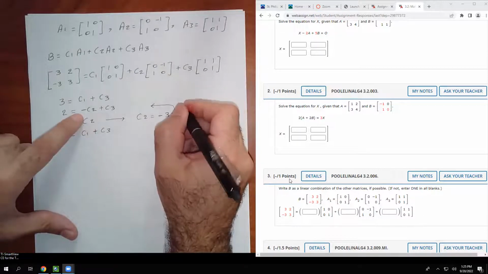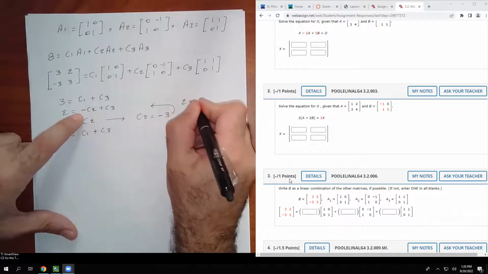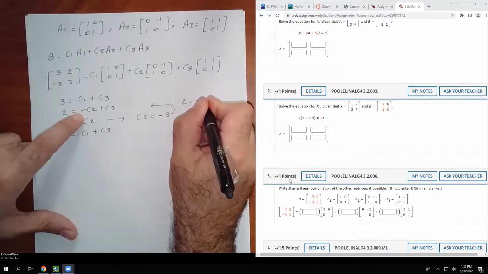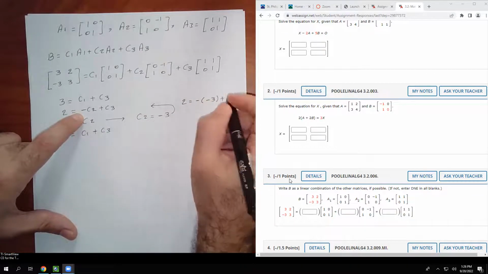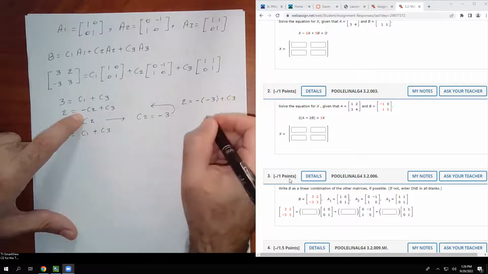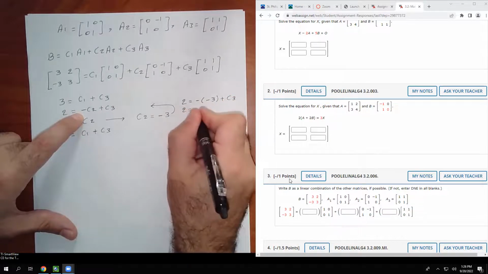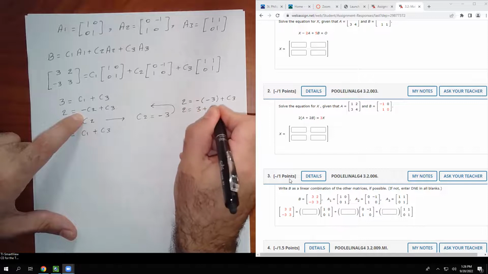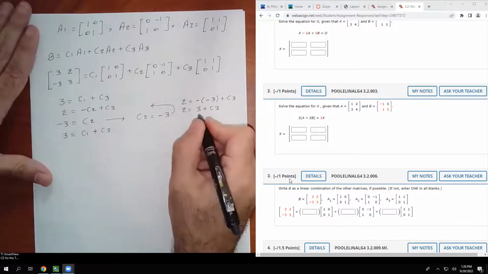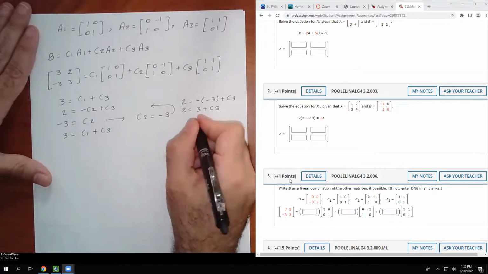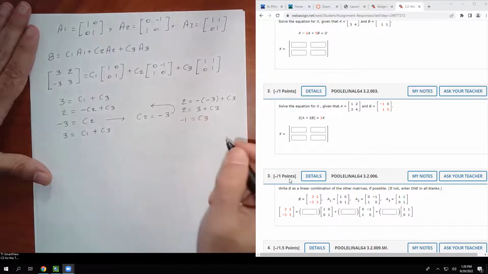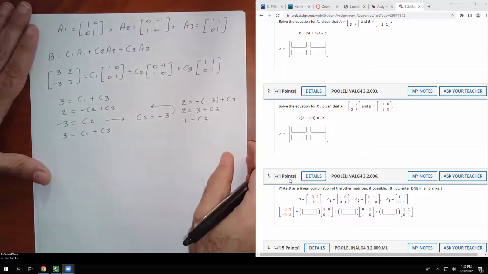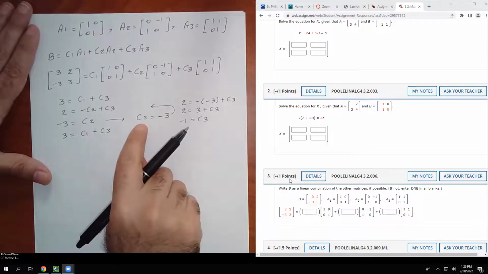So from this one, 2 equal negative C2, C2 is -3, plus C3. That means 2 equal 3 plus C3. Move the 3 to the other side, so that means -1 equal C3. So here's the value of C3, and I have the value of C2.